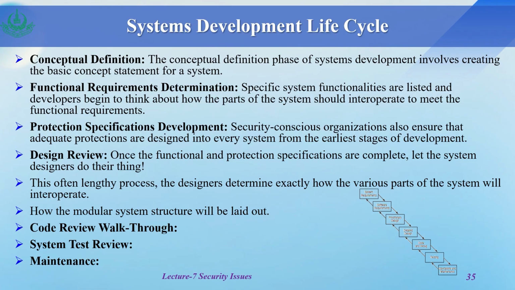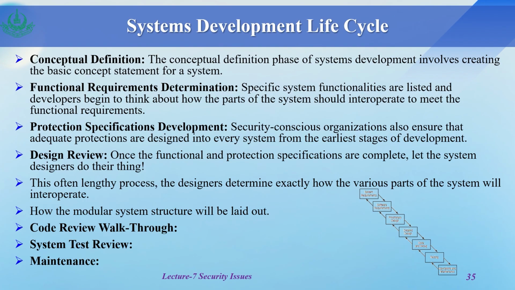This is often a lengthy process where designers determine exactly how various parts of the system will interoperate and how the modular system structure will be laid out. Code review walkthrough, system test review, maintenance.